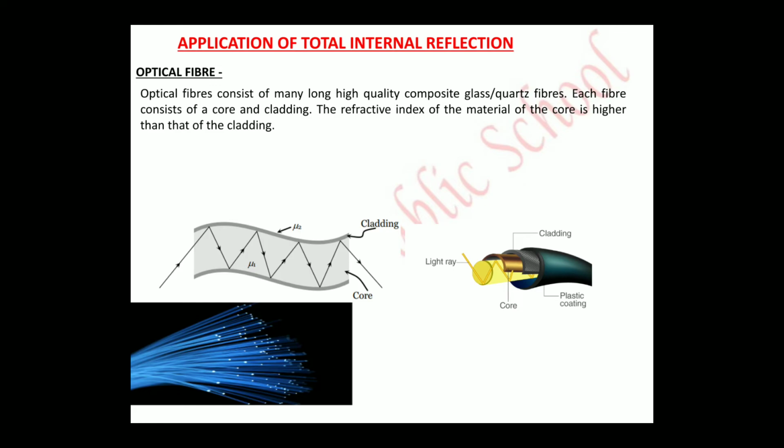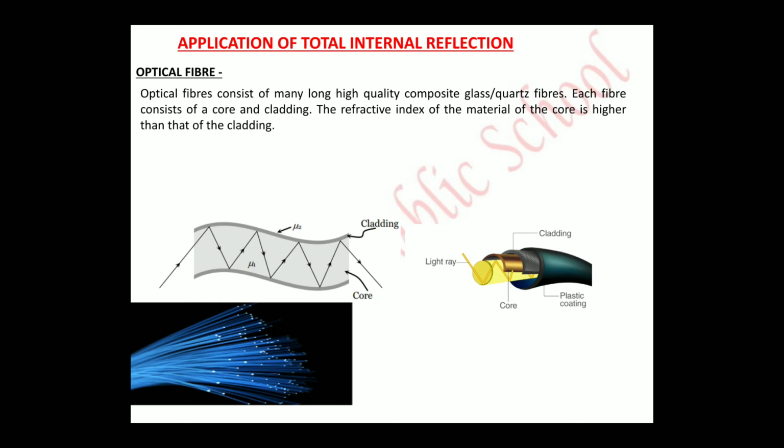Now what happens? The angle of incidence is greater than critical angle. Then the ray of light is reflected back in the core only, and it suffers total internal reflection along the fiber and finally comes out from the other end. So this is how the optical fiber works.